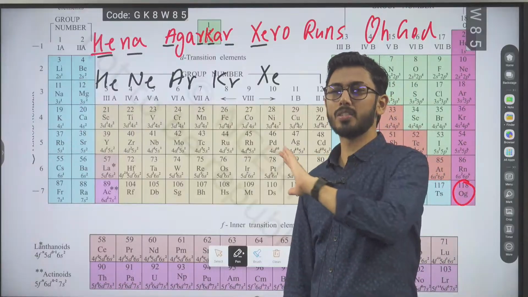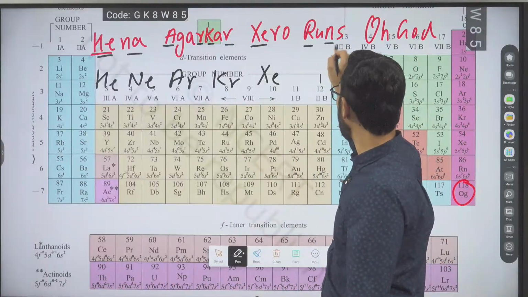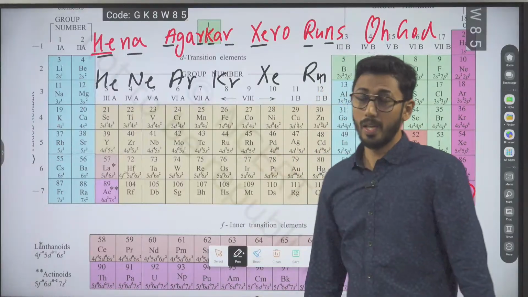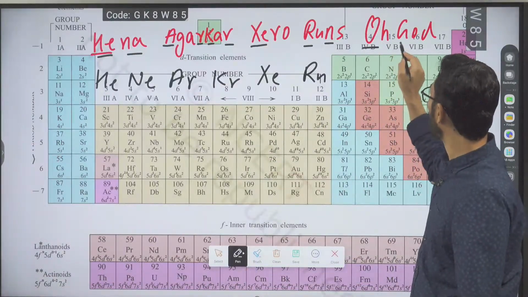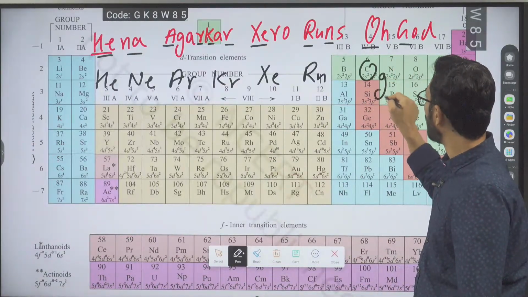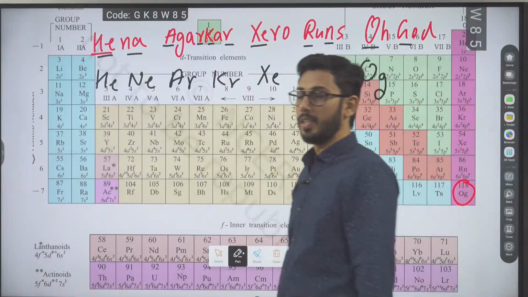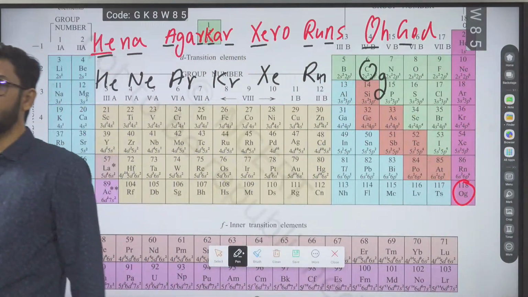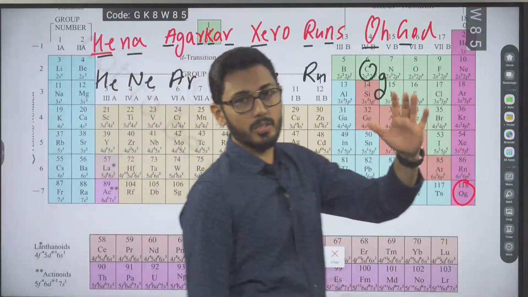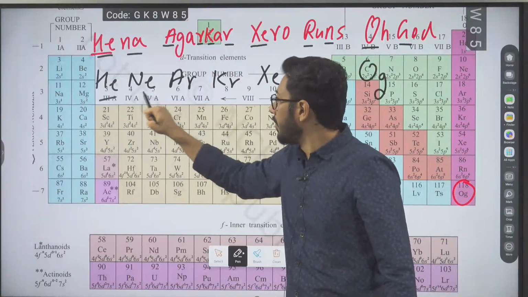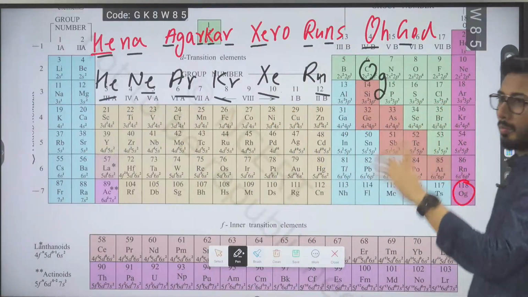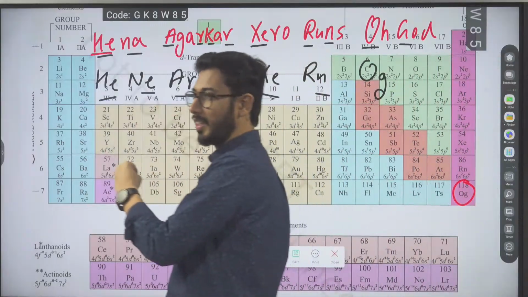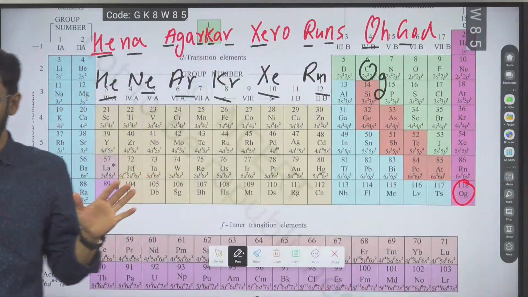Hina Agarkar 0 runs from Rn, radon. And due to that sadness, at the end we say, oh God, which is Oxoanions. Like this you can remember helium, neon, argon, krypton, xenon and radon. And if you remember normally, then leave that mnemonic and enjoy with the normal pattern.